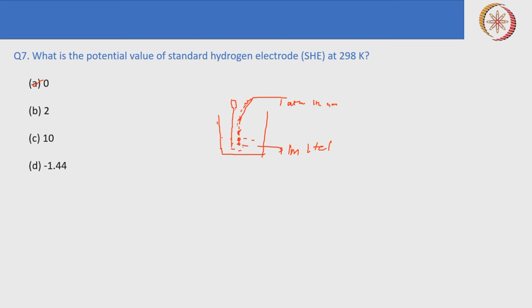It purges continuously, and it maintains the pressure at 1 atmosphere.